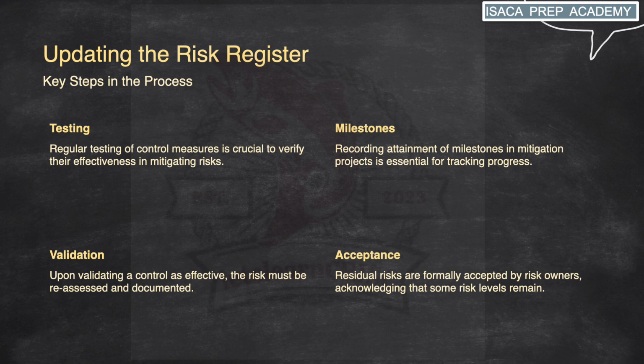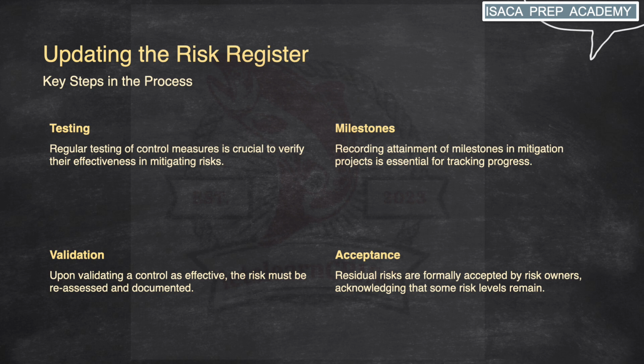Risk owners must carefully evaluate the residual risk associated with each identified threat and determine whether they are within the acceptable tolerance or if further action is necessary to reduce the exposure.